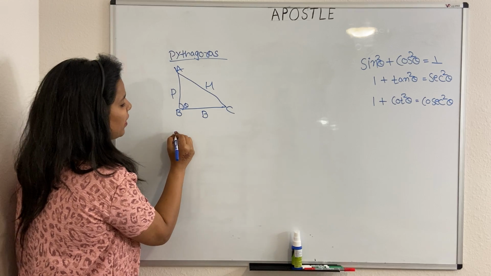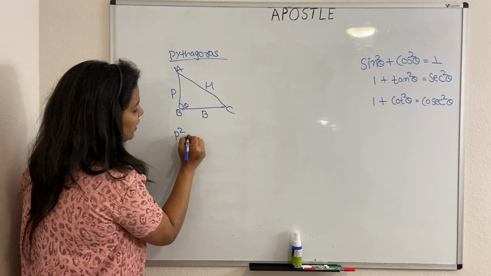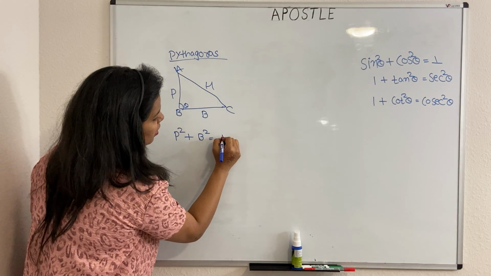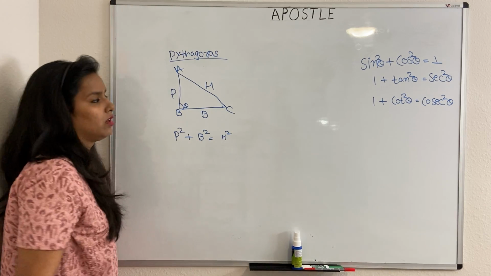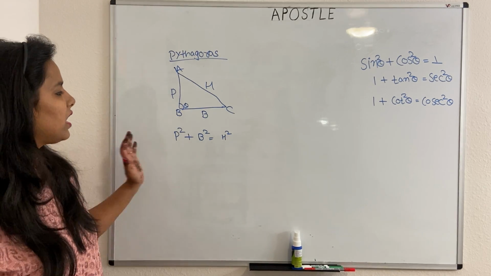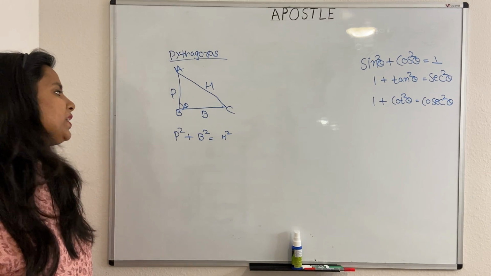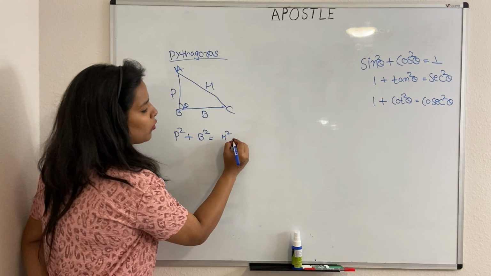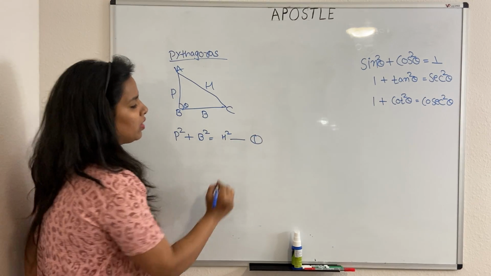According to the Pythagoras theorem, perpendicular square plus base square equals hypotenuse square. So this is our equation number 1: p square plus b square equals h square.